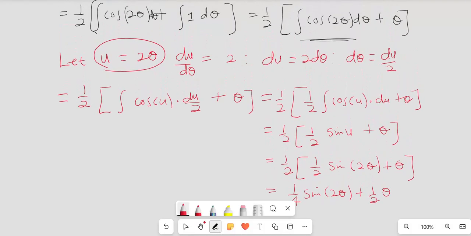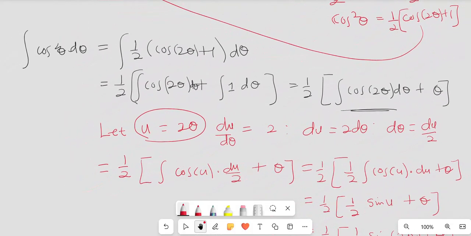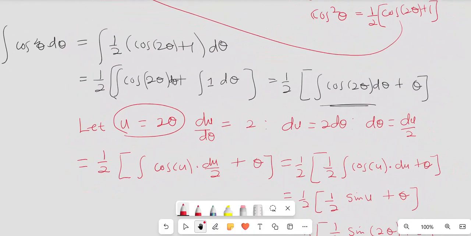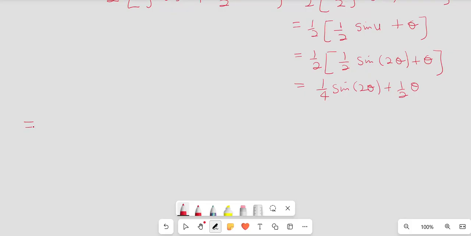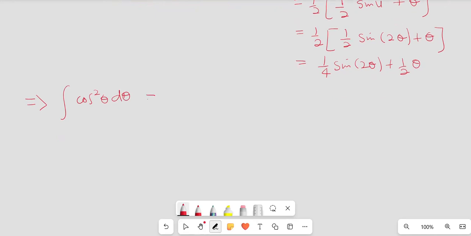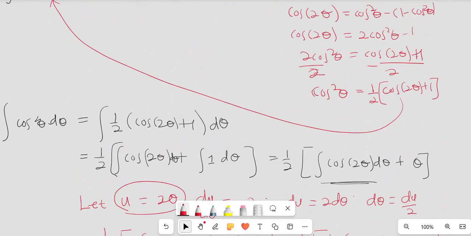So this is the integral of cosine squared theta. Therefore, the integral of cosine squared theta d theta is equal to 1/4 sine 2 theta plus 1/2 of theta. But what is our original integral? Let's go back up.